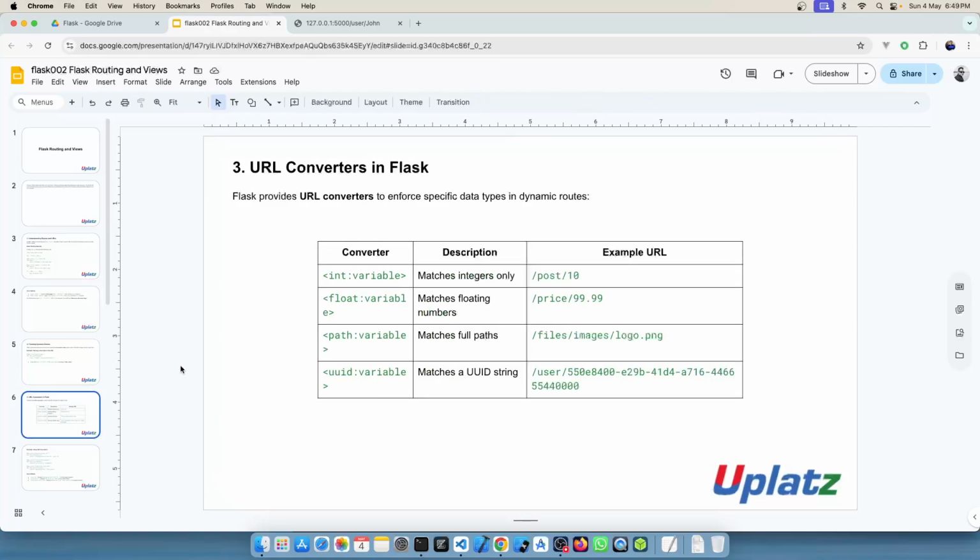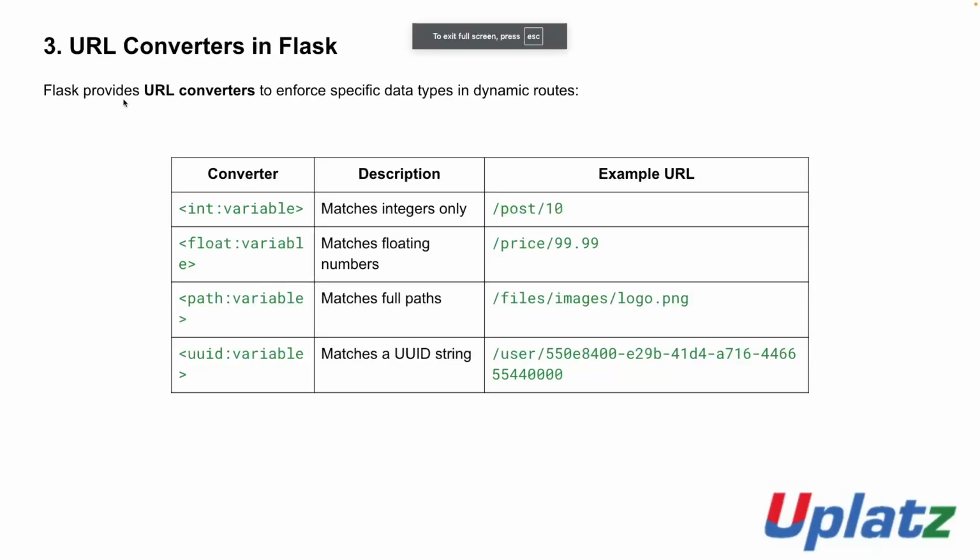Okay, now this one, slideshow. Flask provides URL converters to enforce specific data types in dynamic routes. Converter int is of type variable. This matches integers only, for example post, then /10. Float variable matches floating numbers, for example price 99.99.